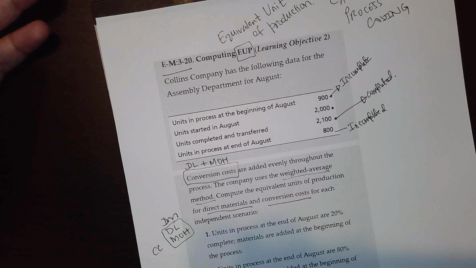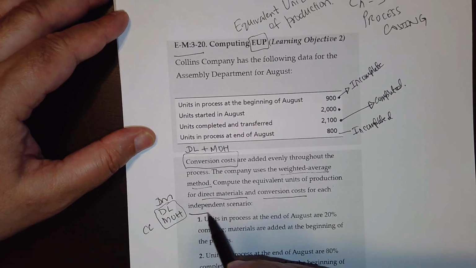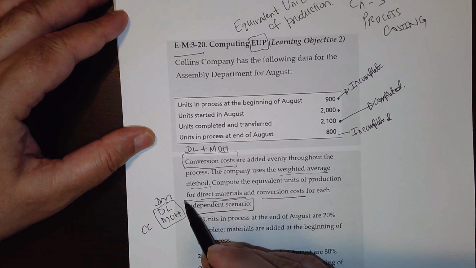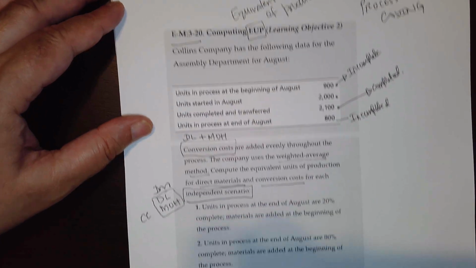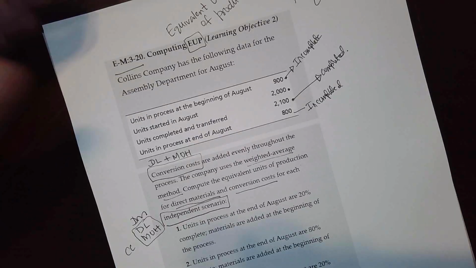And for each of the independent scenarios, these 4 scenarios that are given to you at the bottom, they are independent of each other, meaning we have to solve these 4 scenarios. I mean, they are not mutually exclusive.